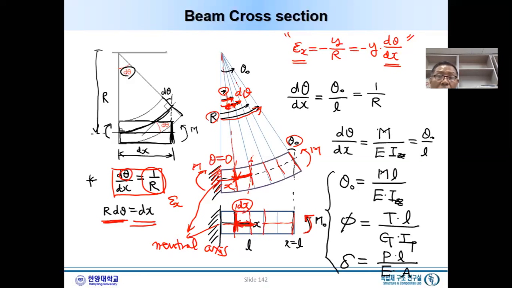And now, this 1 over r is d theta dx. But how about the relation epsilon x equals minus y over r?